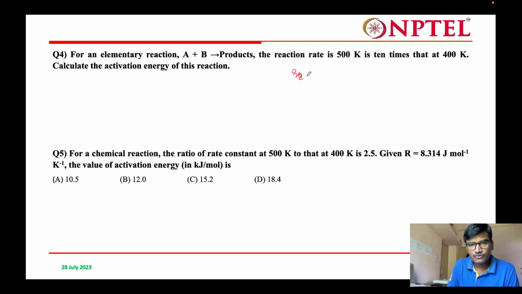Right. So here R2 is denoted for 500 Kelvin, the second reaction, which is 10 times R1.